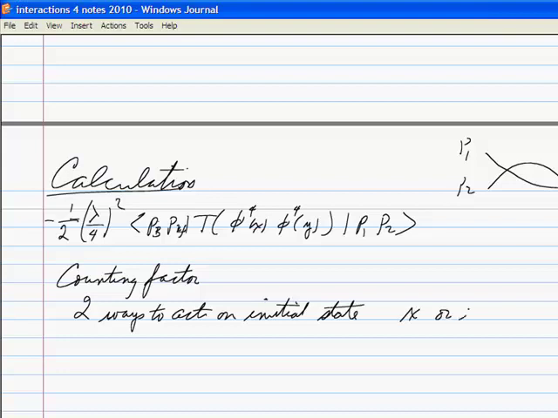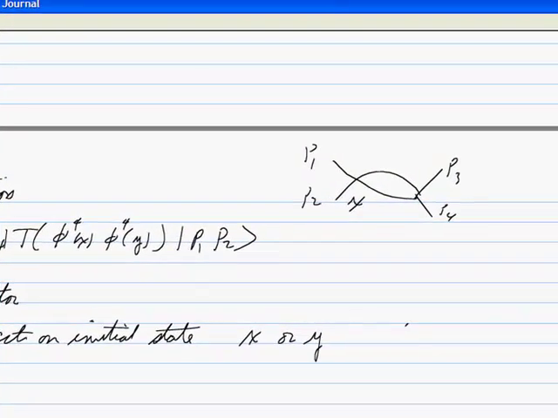That's X or Y. I'll choose X. X goes there. That leaves Y to be the second vertex on the final state.